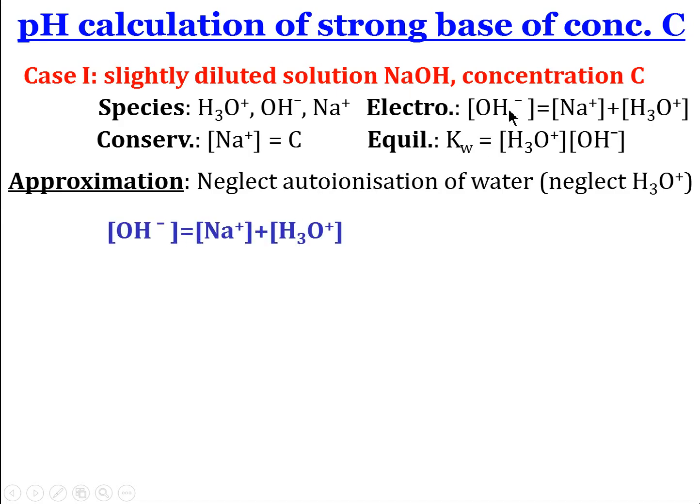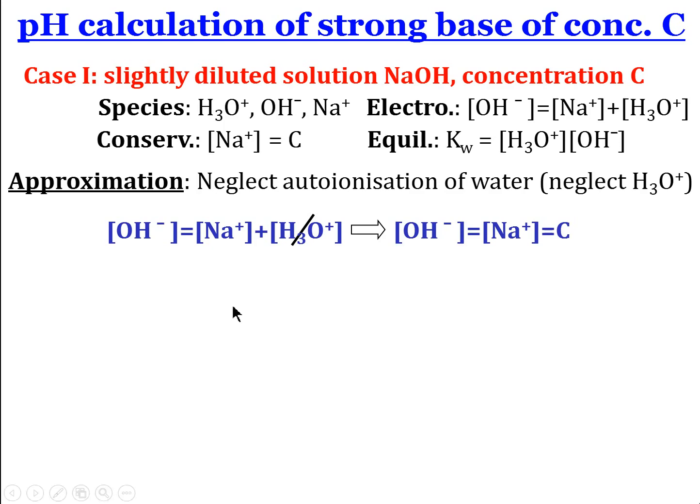So OH minus equal Na plus plus H3O plus. We can neglect H3O plus with respect to Na plus, and therefore we obtain concentration OH minus equal concentration Na plus equal C.